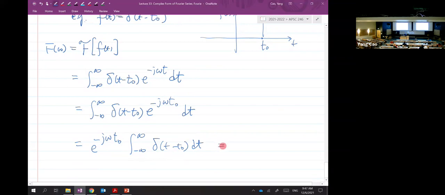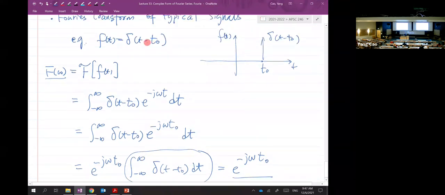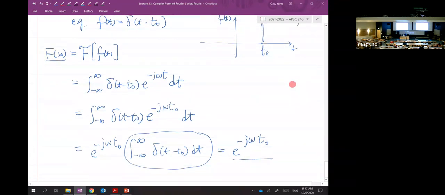Can anybody tell me what's the result of this integral? Exactly, excellent. The area underneath the impulse function is 1. So you're just left with e to the minus j omega t naught. That's your Fourier transform of this impulse function.